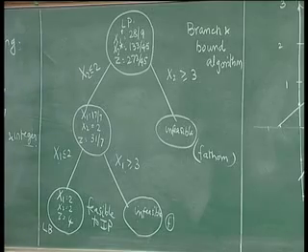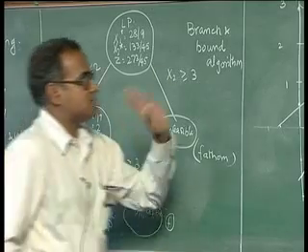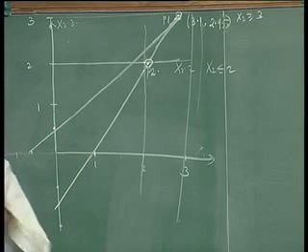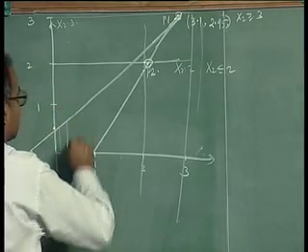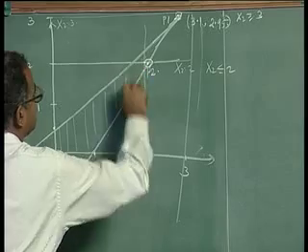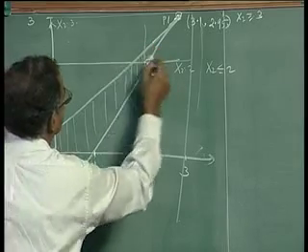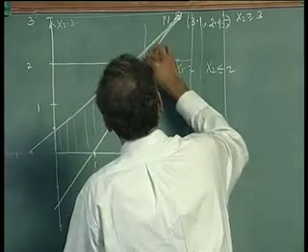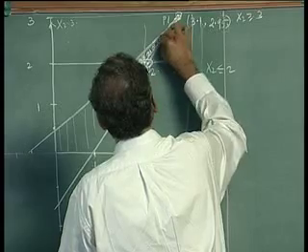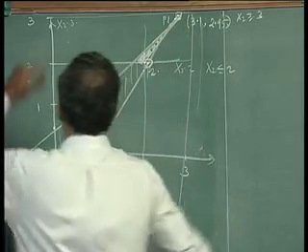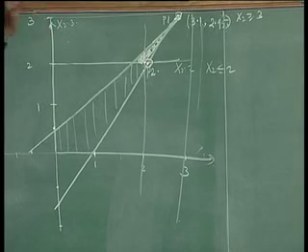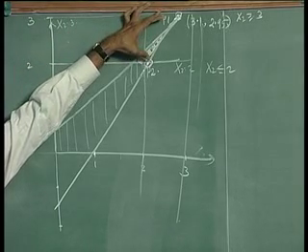Now what were we trying to do? In all these steps, whenever we branched from a node, we were trying to eliminate a certain portion of the feasible region. For example, the first time we branched, by putting x2 less than or equal to 2 and x2 greater than or equal to 3, we eliminated this portion of the feasible region.